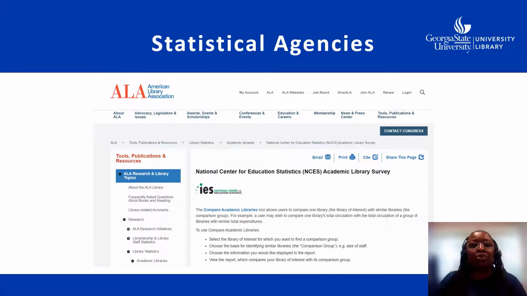And where do these statistics end up other than our annual report? Well, there are several statistical agencies that we report to because of our membership or so forth. And one of the popular government sources that I know I've used a lot is National Center for Education Statistics.